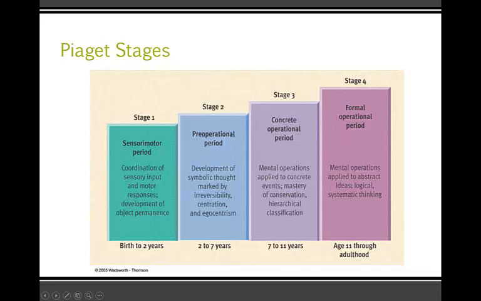Piaget is very famous for his stages, and I'm not going to go into detail about each of the stages. Your book does a great job of that. What I do want to say is that Piaget's stages are one of the issues that come with his theory. Not because the stages are wrong, but because he didn't ever intend for us to hold students to these years.